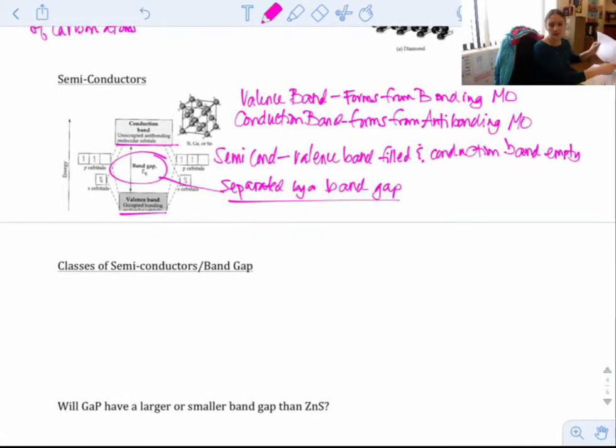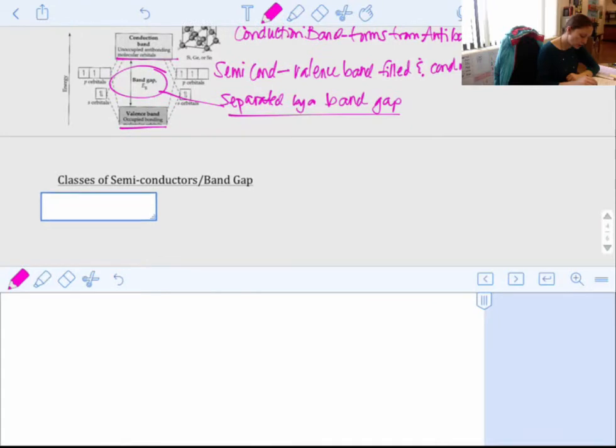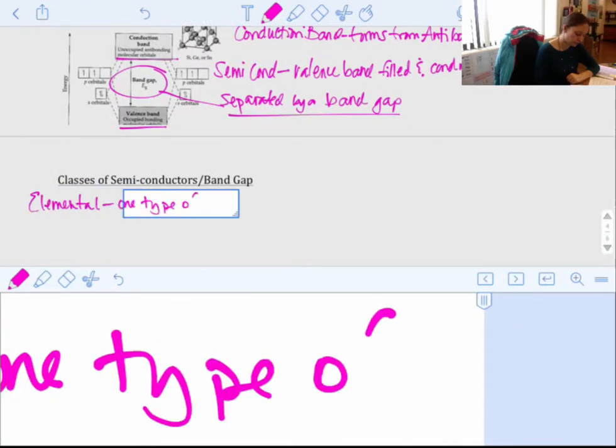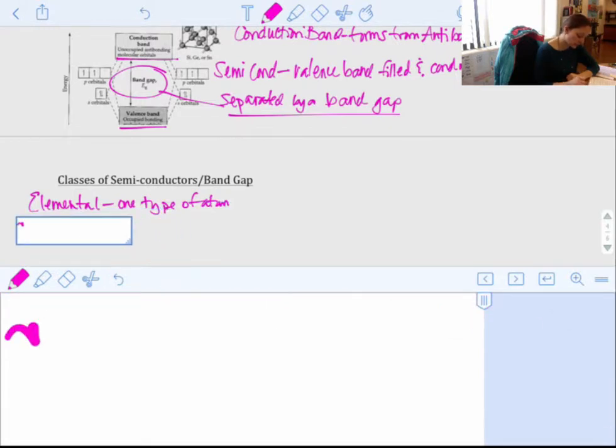There are different classes of semiconductors based on what the band gap is, which means how far apart these two bands are. If you have an elemental semiconductor, that's only one type of atom, which is why it's called elemental. That's one class of semiconductor. You can also have a compound semiconductor, which is just what it sounds like.